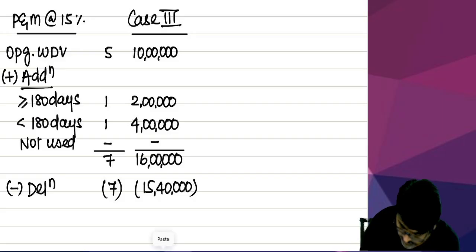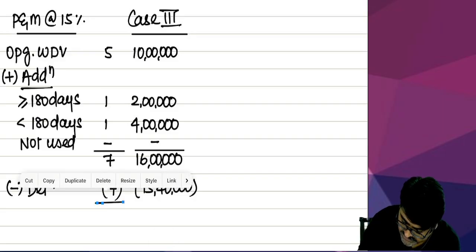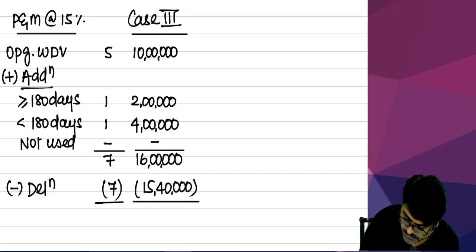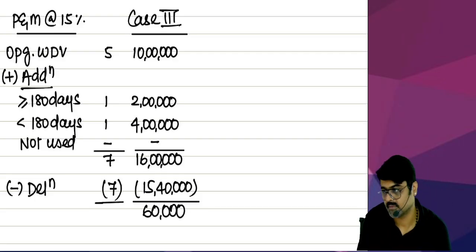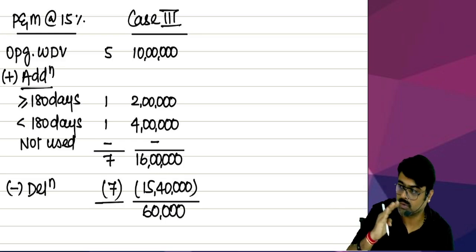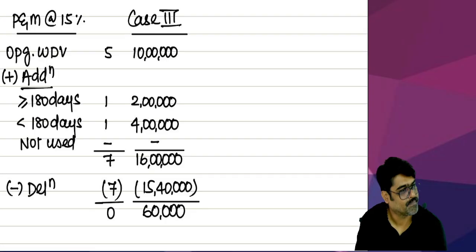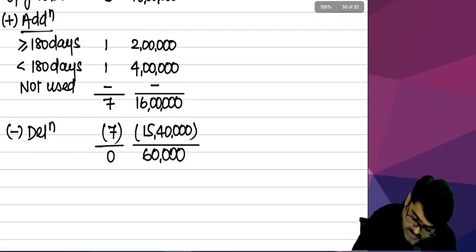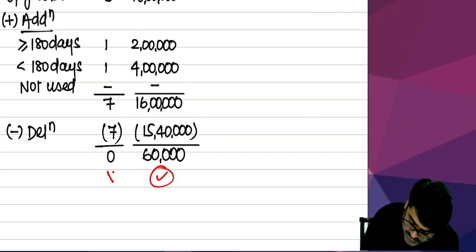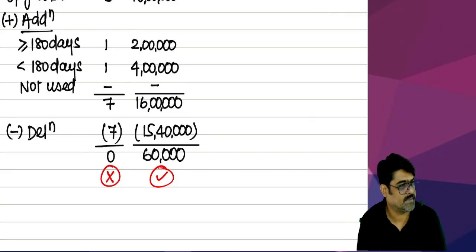So now tell me, out of 16 lakh, how much have I recovered? So there is 60,000 value of the block still remaining. But to represent this value, do you have any asset? No asset remaining. Meaning here, even though you have value remaining, to represent this value, no assets are remaining.